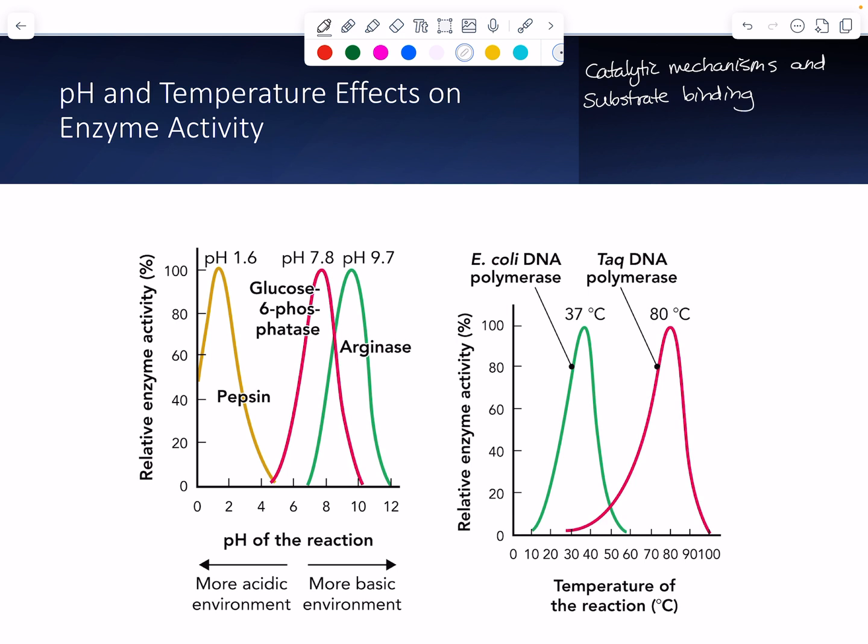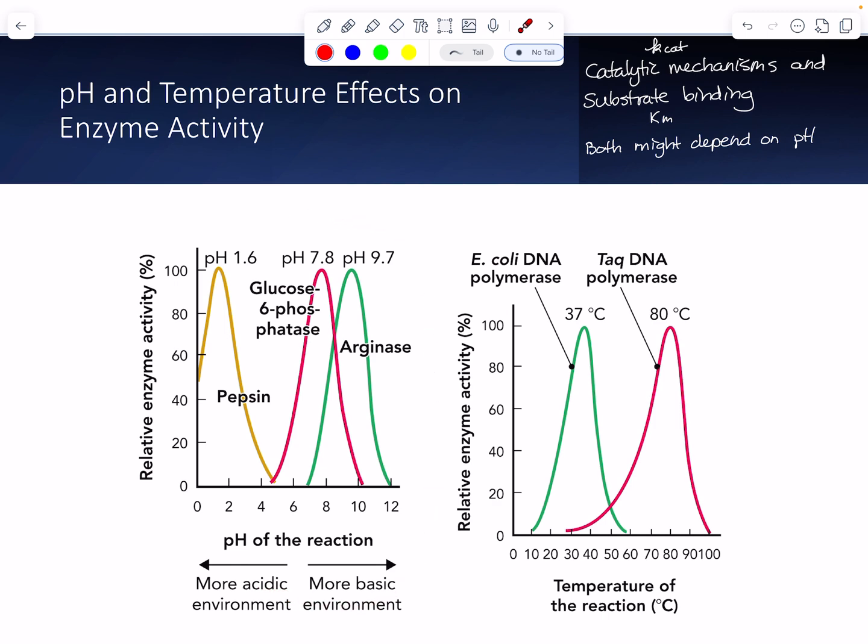So catalytic mechanism, kcat, and substrate binding, Km, they both might depend on pH, because you might have a residue that needs to be in a certain protonation state.